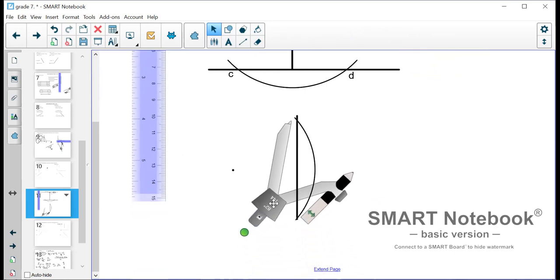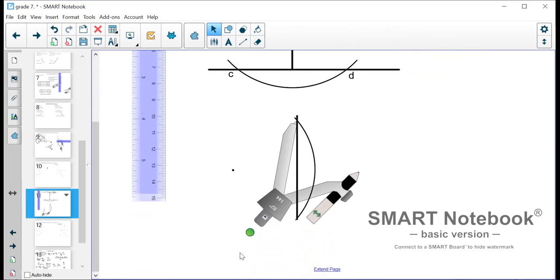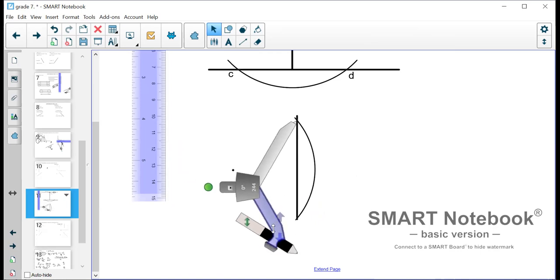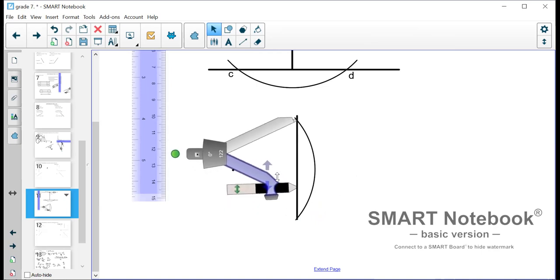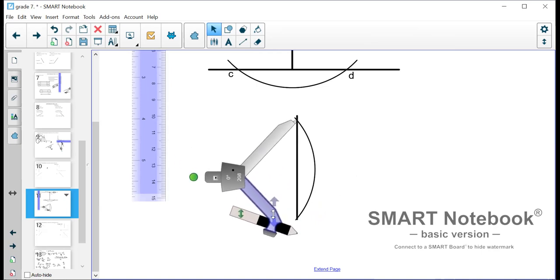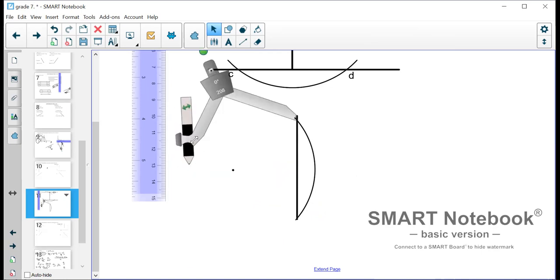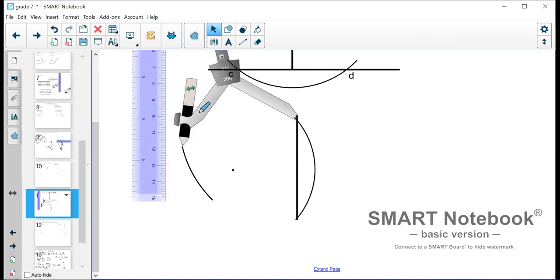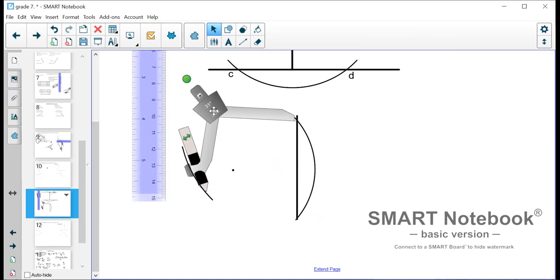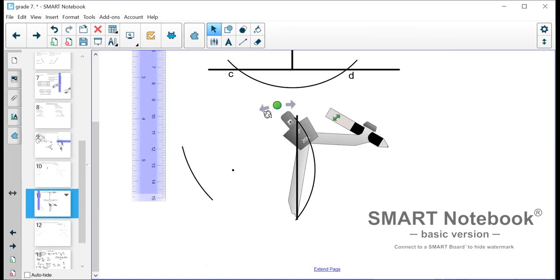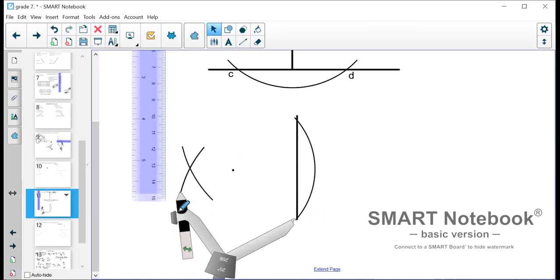So what you do now, you go from one end of the intersection, you can open to either beyond the intersection or before, right? So normally we use beyond. So from there, you draw an arc, and then you switch it around, you come from the other side with the same measurement, and you intersect.